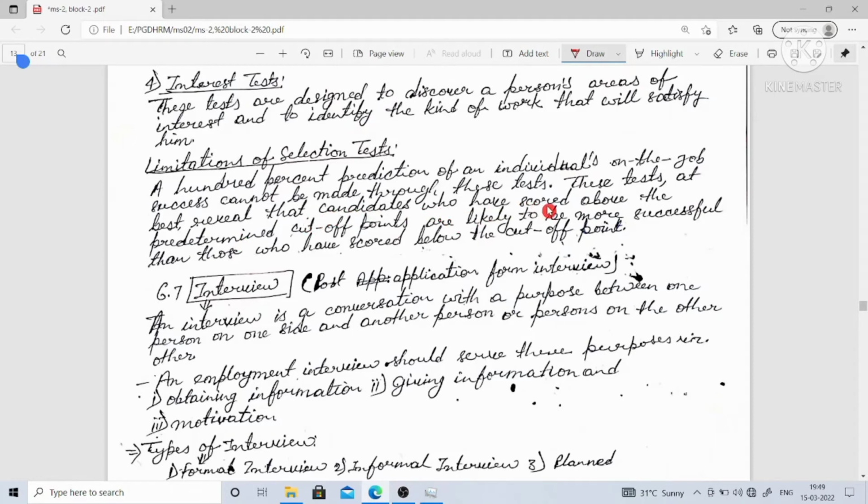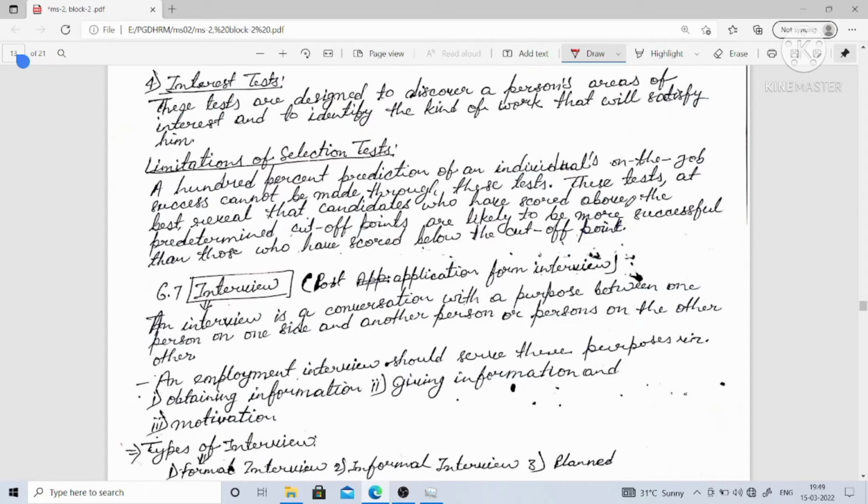So these selection tests cannot be 100% sure whether the individuals on the job will succeed or not. Here only a prediction can be made.